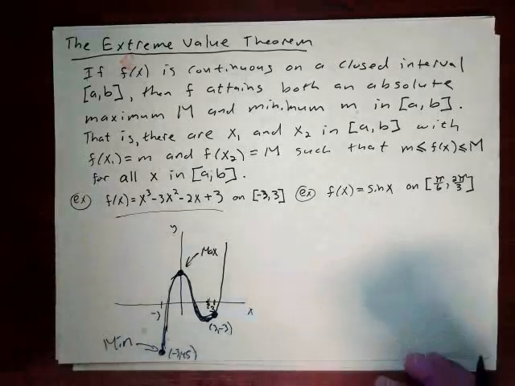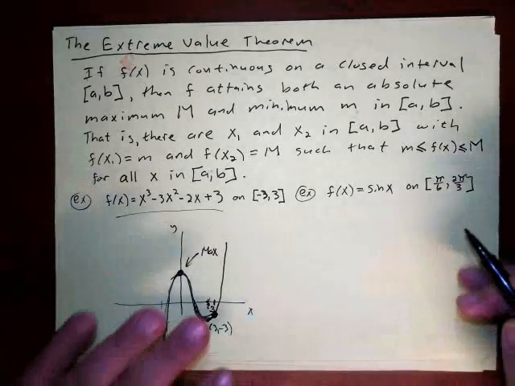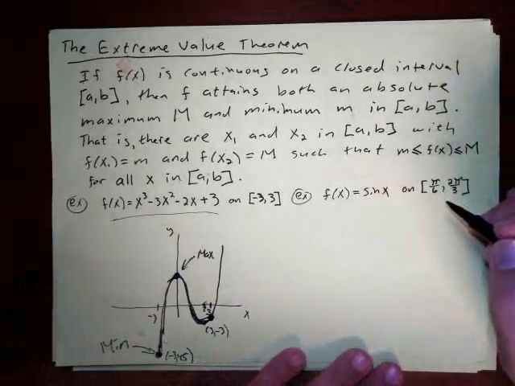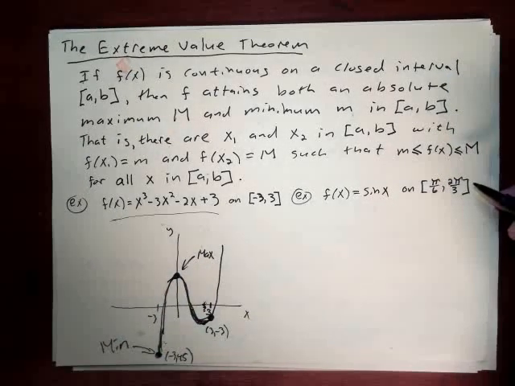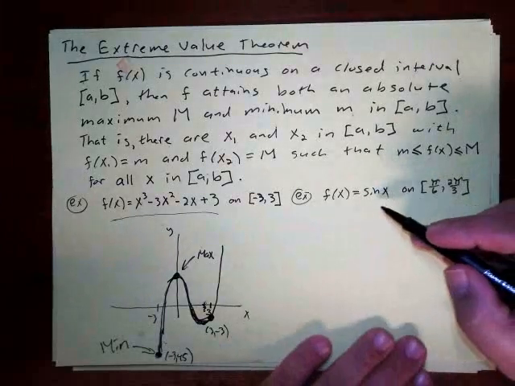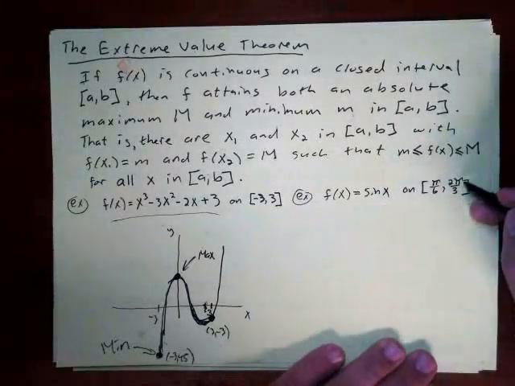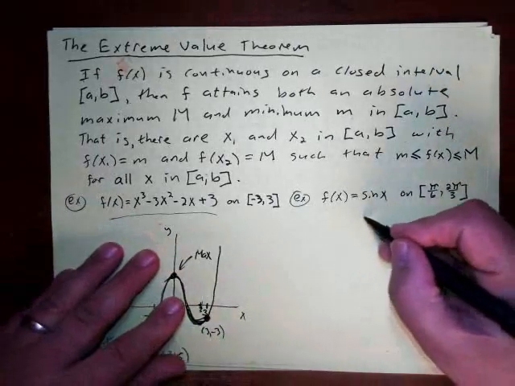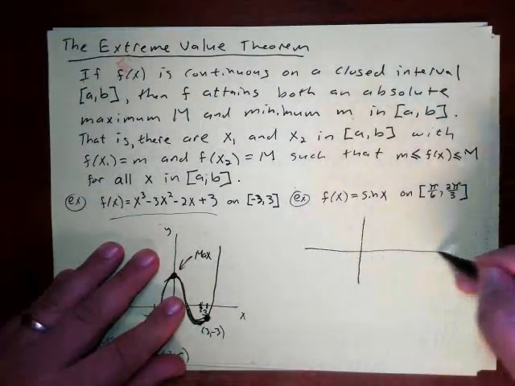So this one is sine of x on the interval pi over 6 to 2 pi over 3. So let's see if we can do this. I could probably graph this here, right?